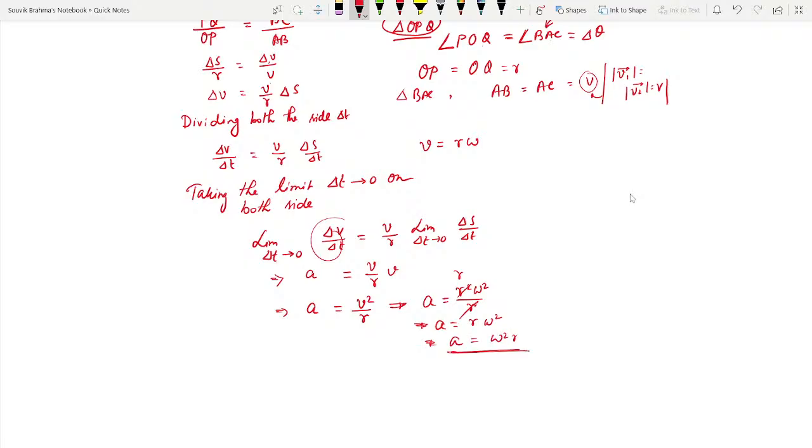So this is the relation between the linear acceleration, angular velocity and radius of the circular path on which the object is traveling.